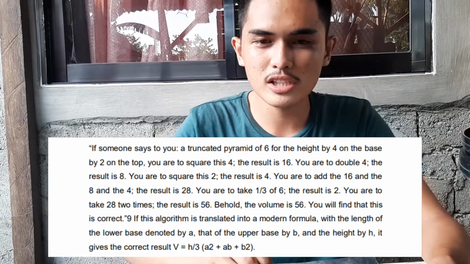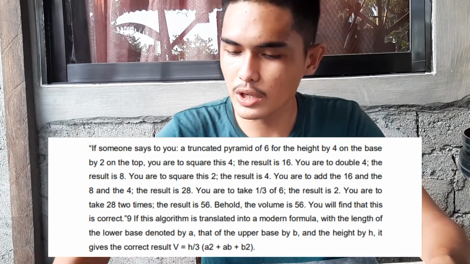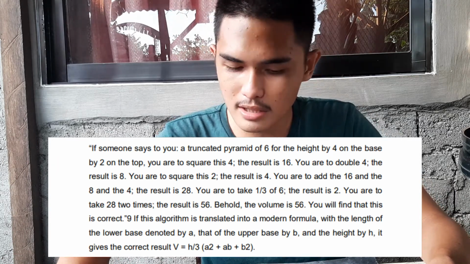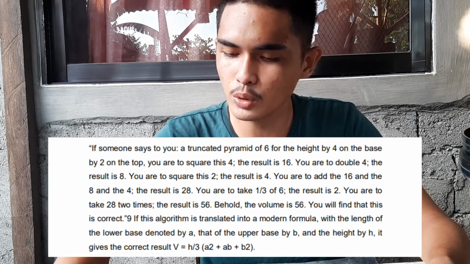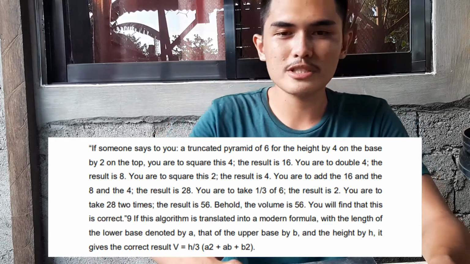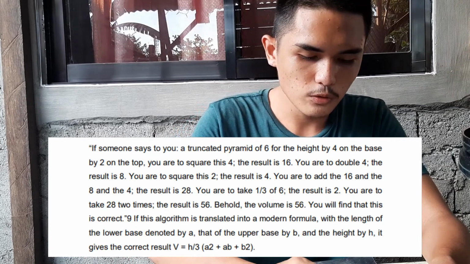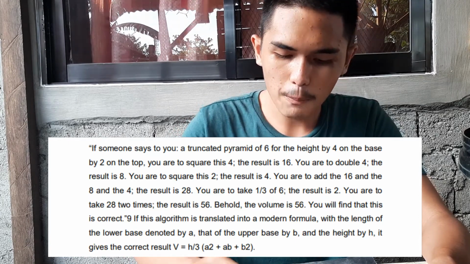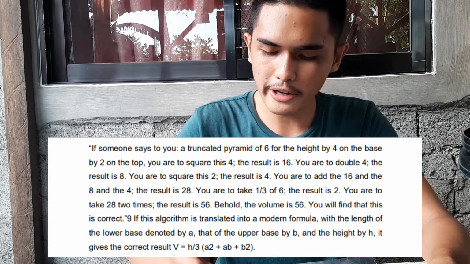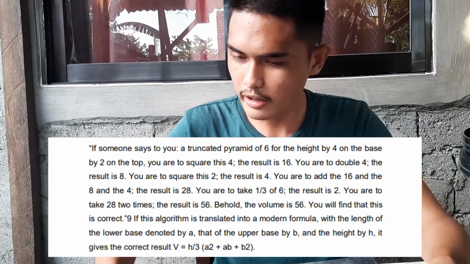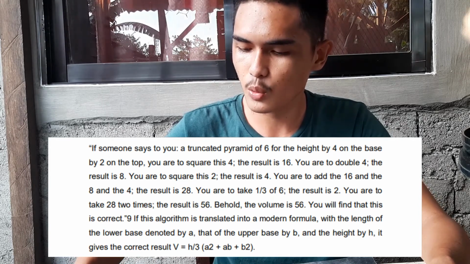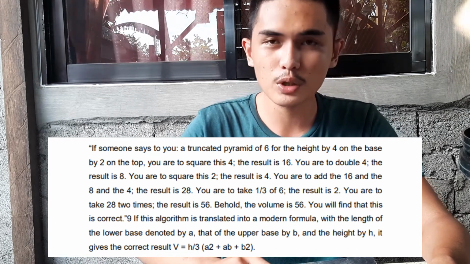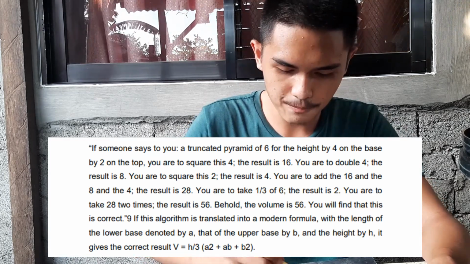If we change this into numbers, since the height of the truncated pyramid is 6, the base is 4, and the top is 2, A represents the top. So volume is equal to 6 over 3, open parentheses, 2 squared plus 2 times 4 plus 4 squared, close parentheses. So 6 over 3 is equal to 1.